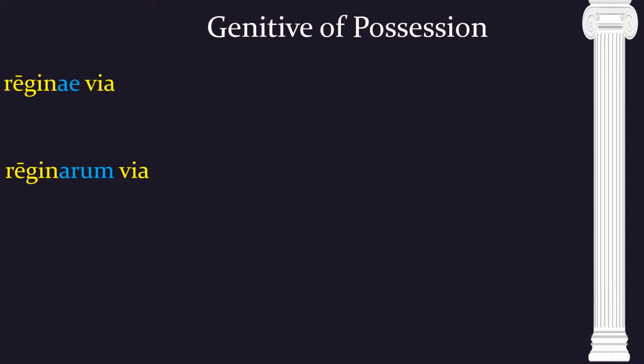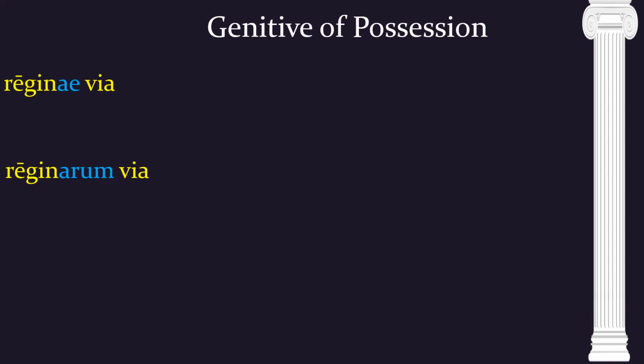So let's start off by looking at the genitive of possession. Now, this is an easy one to start with because the genitive generally is about possession. So look at that first set at the top. Reginae via. Well, there's an AE at the end. Now, that could be a couple of different things, three different things. But since we're talking about the genitive, you already know that this is going to be possessive.